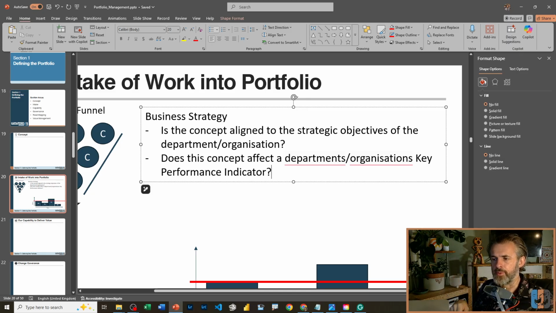And maybe you could challenge the business on why it's a key performance indicator then. It might just sit there in the background as something that people are interested in, but does it affect the strategic objectives? No. I'm going to think of an example of something like that off the top of my head.